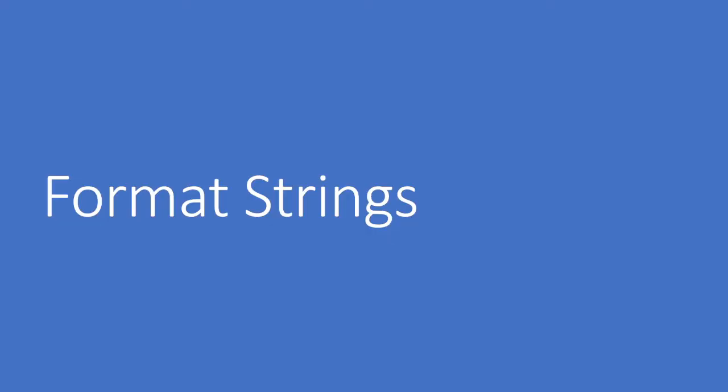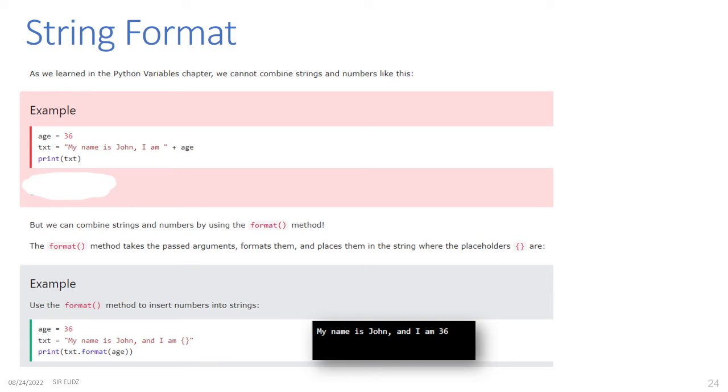Format strings. As we learned in the Python variable chapter, we cannot combine strings and numbers like this. So my name is John, I am plus 8, we cannot do this. But we can combine strings and numbers by using the format method. The format method takes the passed arguments, formats them, and places them in a string where the placeholders, open and close curly braces, are.